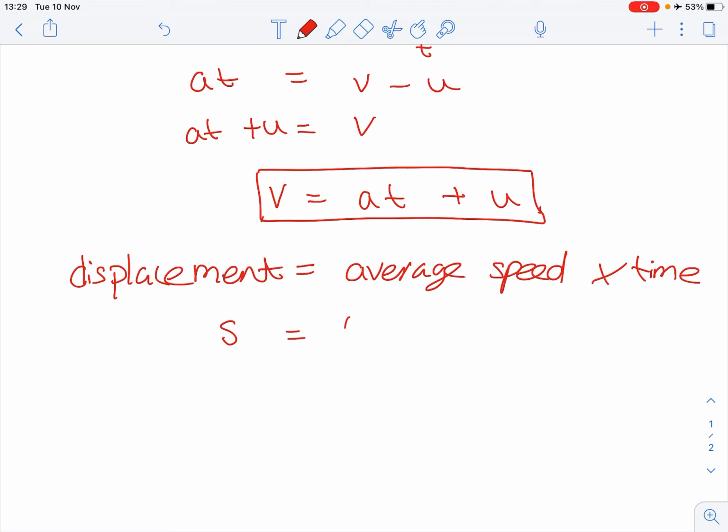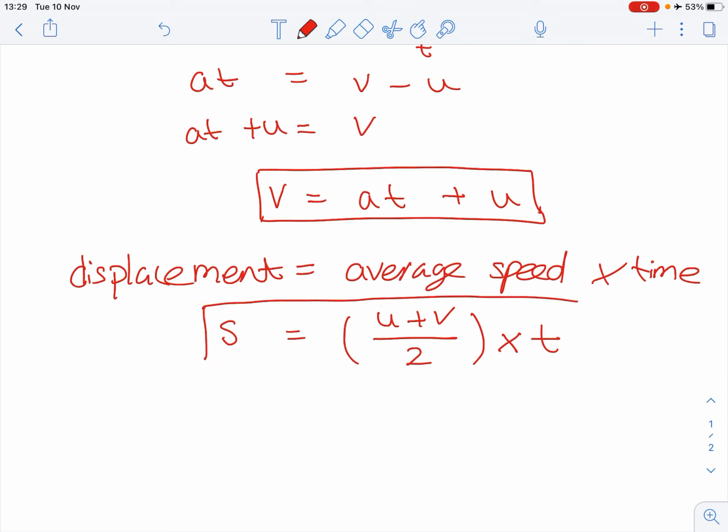The average speed is your initial velocity plus your final velocity, halved, multiplied by time. So this is your second formula. To find out displacement, s equals u plus v over 2 multiplied by t. You must learn those two formulas by heart. So this one is used to find out the velocity, and this one is used for finding out the displacement.